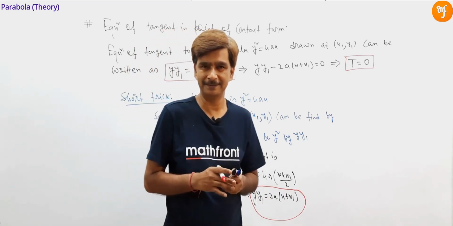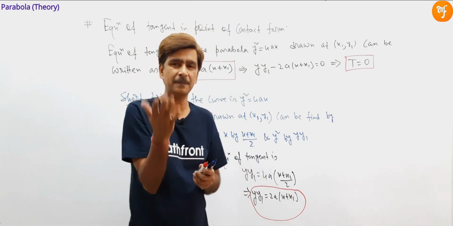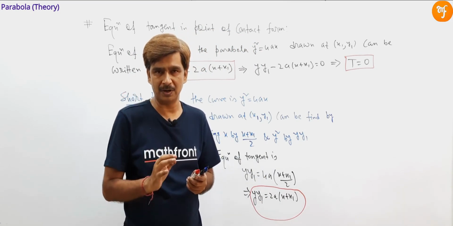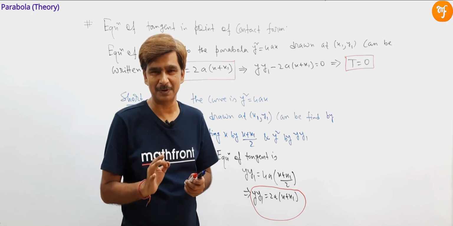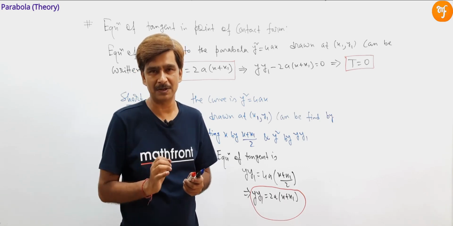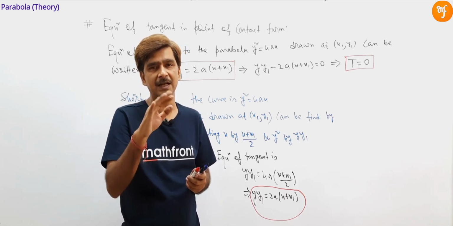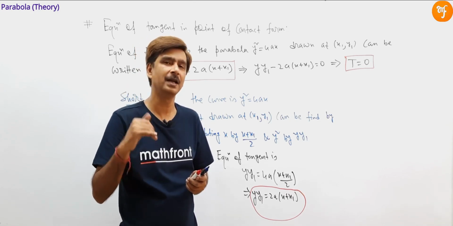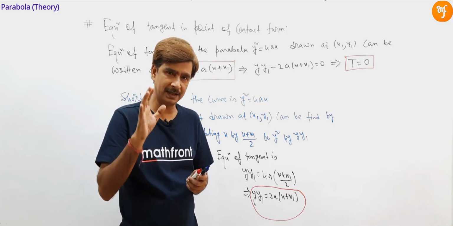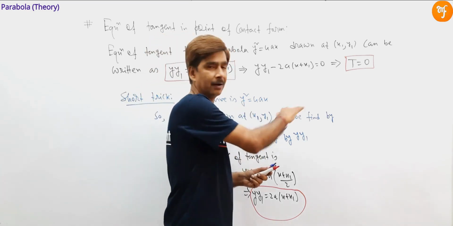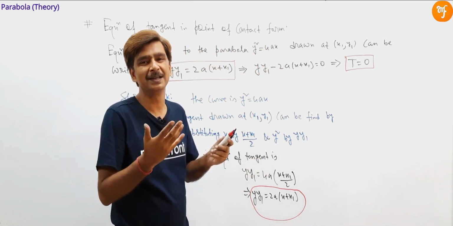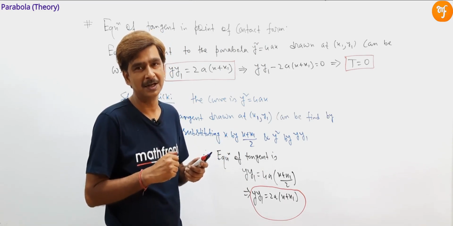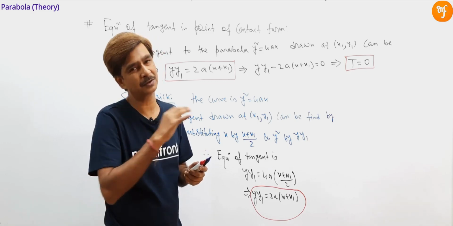So this is the way to find the equation of tangent in a short way in the point of contact form. Just shift x square by x into x1, y square by y into y1, x by x plus x1 by 2, and y by y plus y1 by 2. If xy is there, then xy by x y1 plus y x1 by 2, and keep the constant as it is in the equation of curve, and we will get a linear equation which will represent the equation of the tangent drawn at x1 comma y1 to the curve.